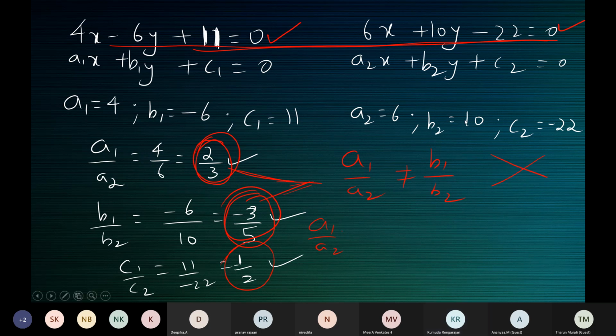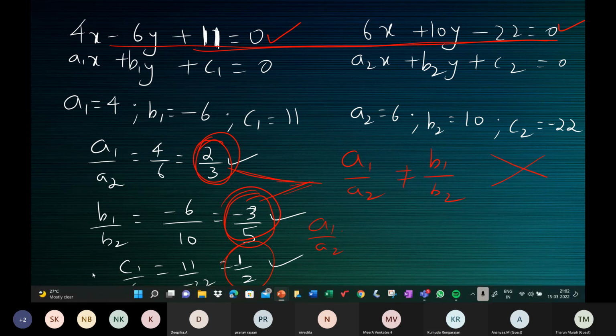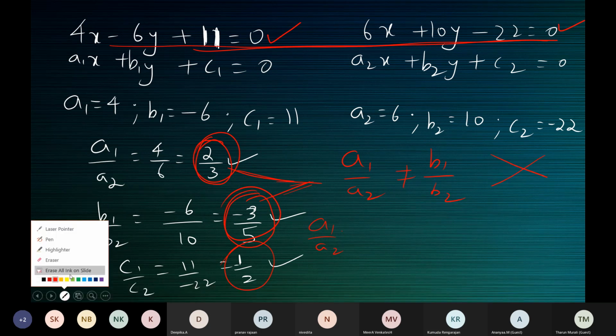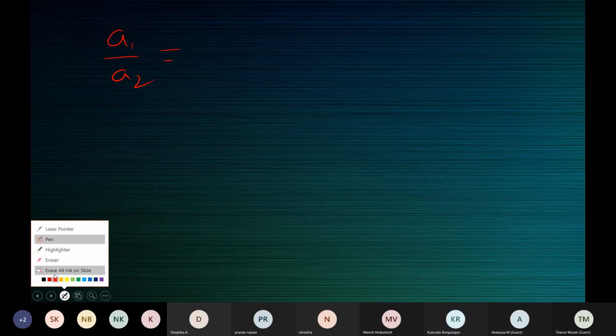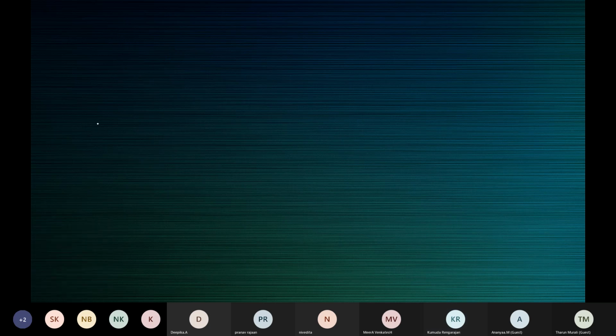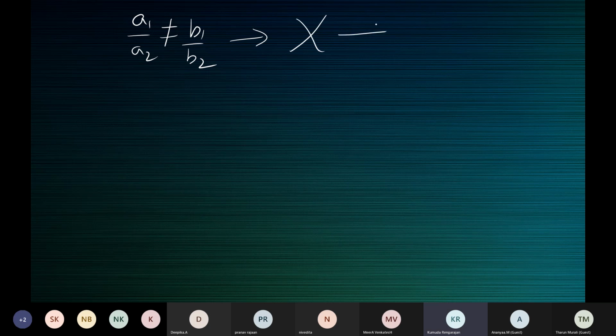So if A1 by A2 is not equal to B1 by B2, we say that the two lines are intersecting lines. That means they'll have a unique solution. This point will have some address, x comma y, so the solution is a unique solution.